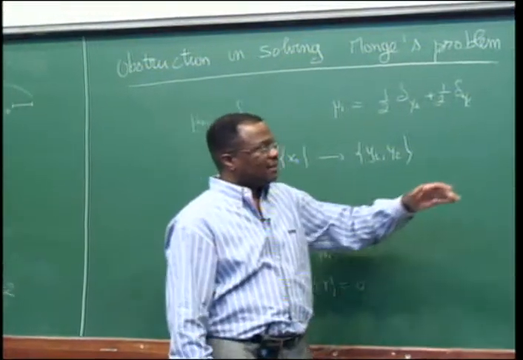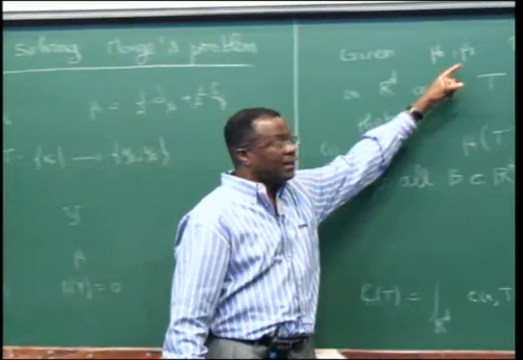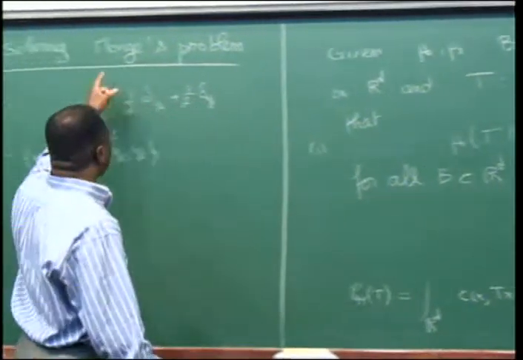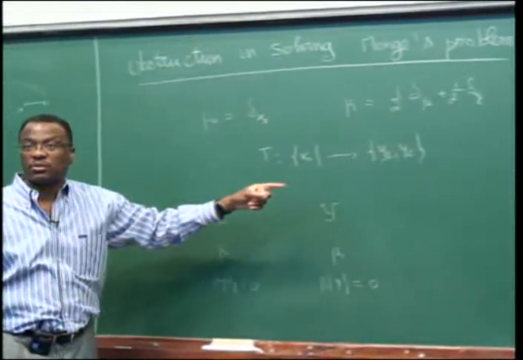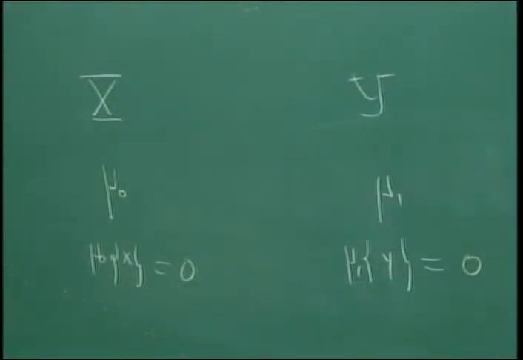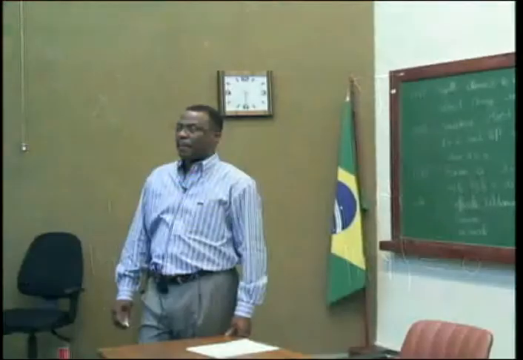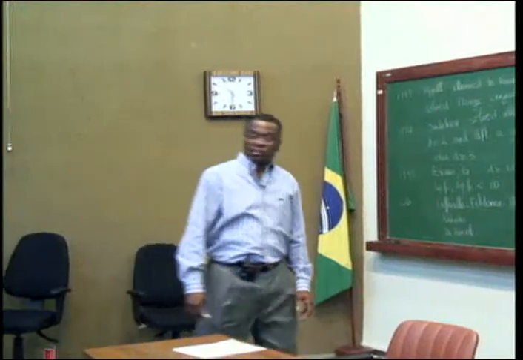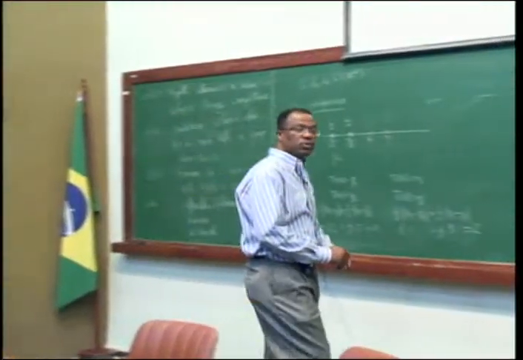This means that if we choose mu naught and mu1 appropriately, we are not facing this obstruction. And so it is not a serious obstruction. We just need to know how to choose mu naught and mu1. The most serious obstruction comes from the calculus of variation.